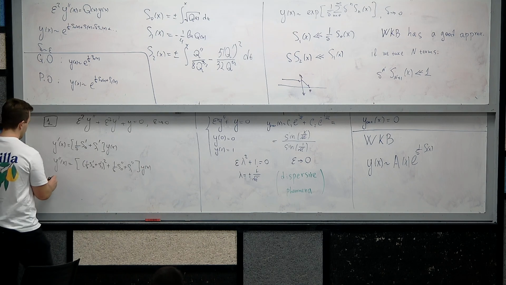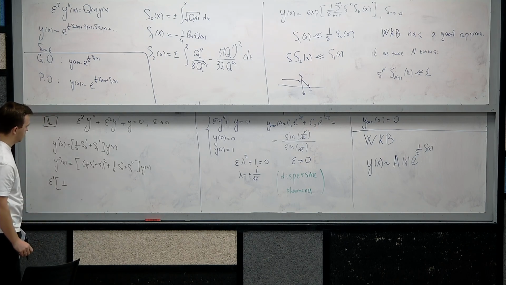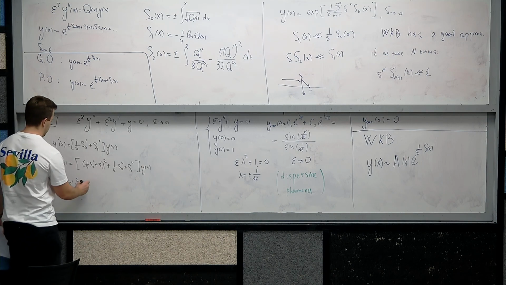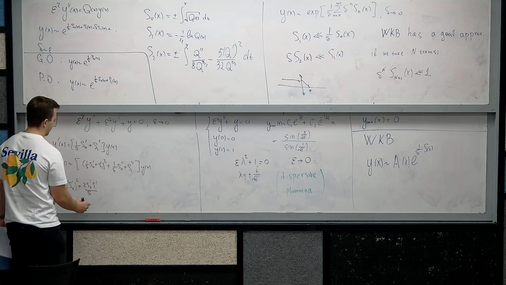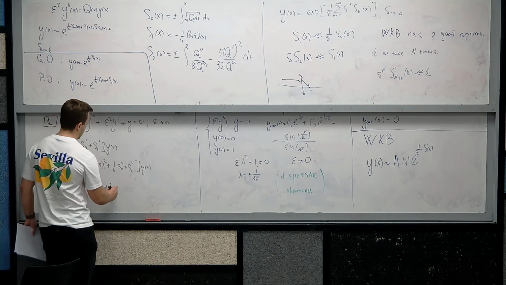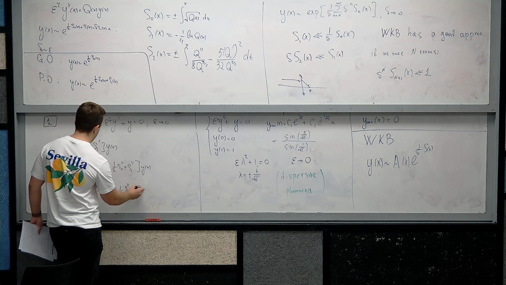So epsilon squared times 1 over delta squared S naught prime squared plus 2 S naught prime S1 prime over delta plus S1 prime squared plus 1 over delta S naught double prime plus S1 double prime.